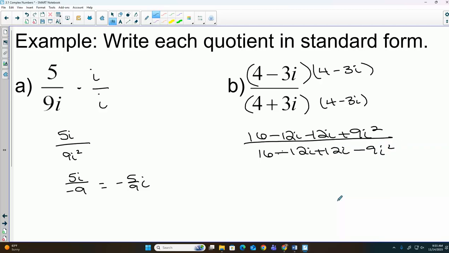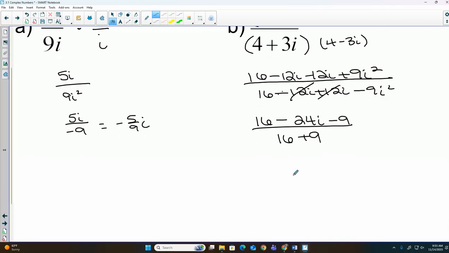Minus 9i squared. Negative 12i, negative 12i is negative 24i. 9i squared is negative 9. These cancel. Negative 9i squared is positive 9. So, combining like terms, 16 minus 9 is 7, minus 24i. 16 plus 9 is 25.